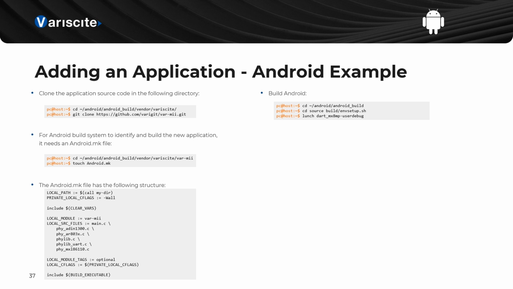This application does not need an external dependency, so it's a more straightforward process to add a simple application. So you can see that adding an application to Android, the complexity will depend on the complexity of your application. So it might be simple, or it might be a more complex process like we did for htop.